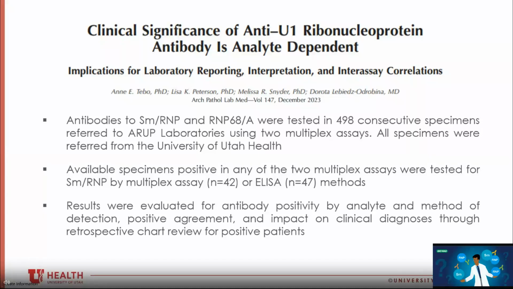Any specimen which was positive for RNP antibodies using either of the assays was then tested again for antibodies against the Smith RNP complex using two additional assays. The results were evaluated for antibody positivity by analyte and method of detection, positive agreement, and the impact on clinical diagnoses through retrospective chart review for positive patients.